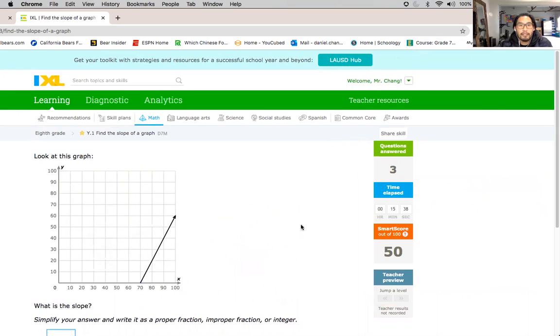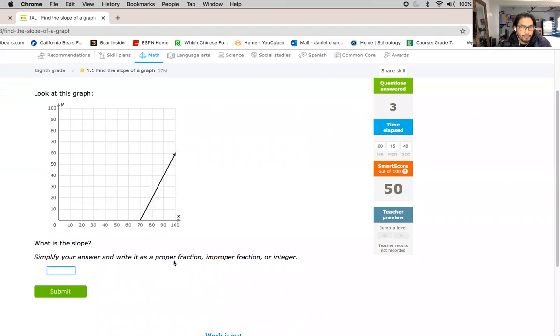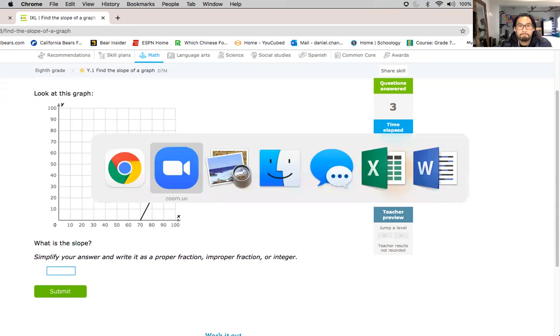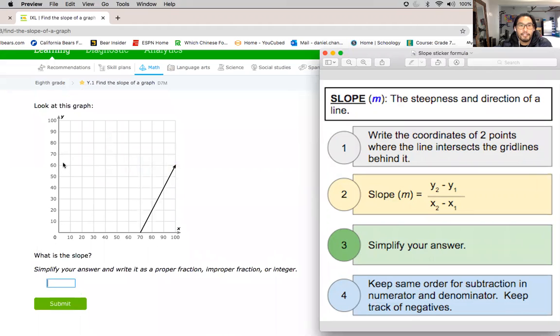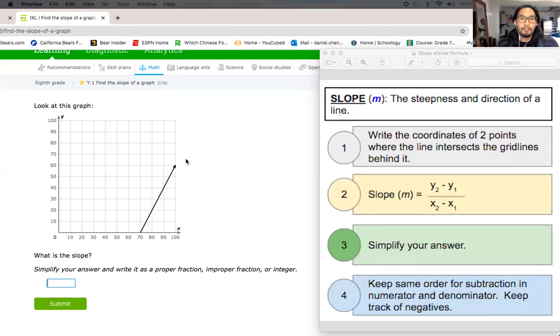All right, my next mark is to get to an 80. Let's clear this out. Oh, now this is interesting because they've changed the units on the graph. So I know I'm going to have to simplify this a lot. So I'm going to use my 4-step formula here. I'm going to identify a couple of points. There's a point there. There's a point there.